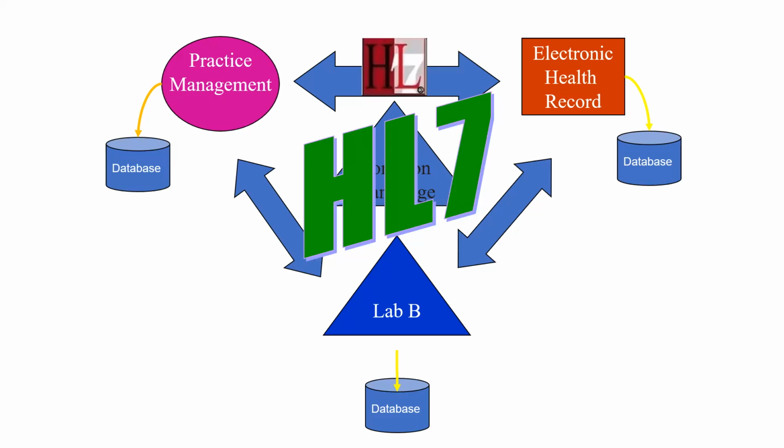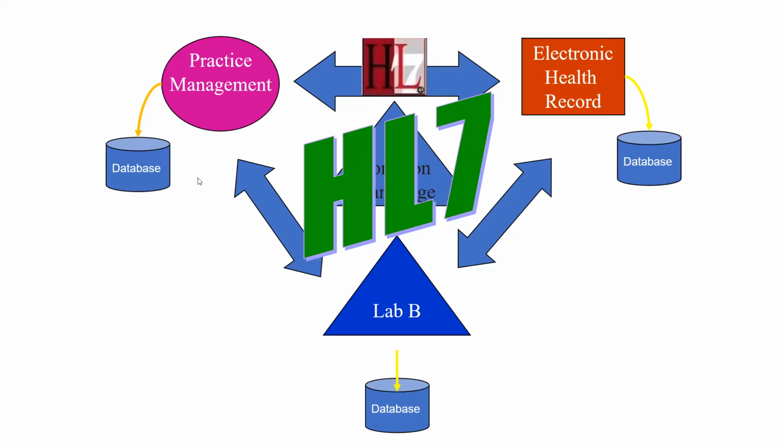Similarly, if there is no HL7 and two systems have to integrate with each other, it would take a lot of time to discuss how to exchange the data, what mechanisms we have to follow, what format we have to follow, and all. But with HL7, as the format is predefined and the language is common, everyone can understand HL7, so they don't need to explicitly talk about what format we are sending, where exactly we are sending the data, how we are sending the data, and all.